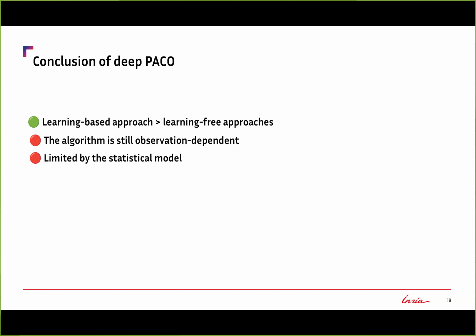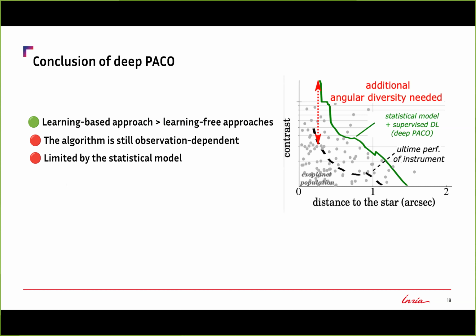And also, as I said earlier, we're still limited by the statistical model: if the signal of the exoplanet is captured by the statistical model, then it will be lost, and the deep learning model that comes afterwards won't be able to recover it because it will be lost in the parameters of the statistical model. So those are still some issues with this technique.